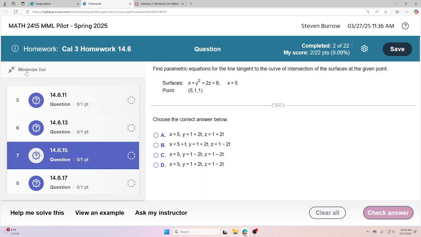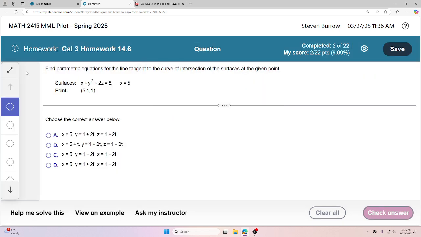Oh, okay, sure. This one? Yeah, it's just line equations. Okay, I see.